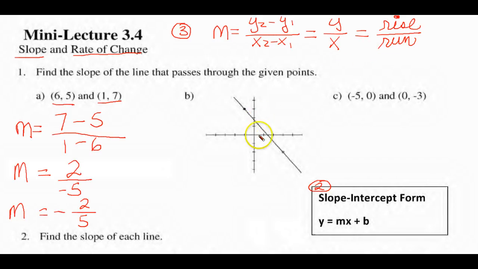This brings us to our second example, part B. In part A, we used the formula, which is a good way to do it. But if you have the graph and you see it's going through grid lines, what we can often do is make a little right triangle.